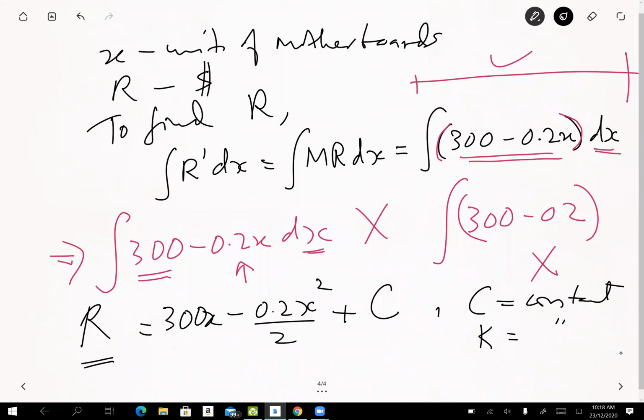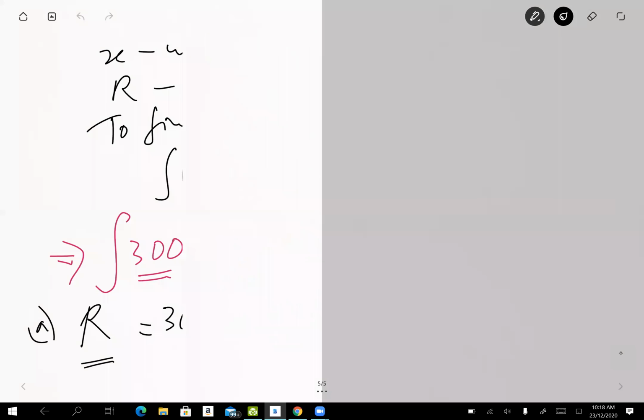Now, that is for part A. Now part B, I want to find the revenue from the sale of 1,000. So if x is equal to 1,000, what is the revenue?